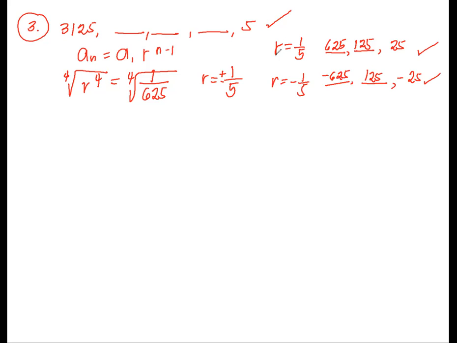Okay? So aside from getting the ratio, you have to understand that if the exponent of your r is even, the value of your r would be positive and negative.